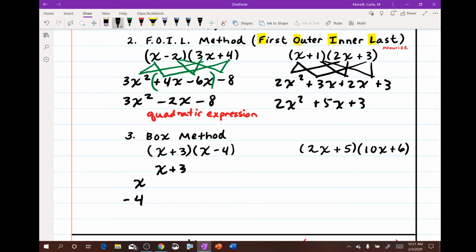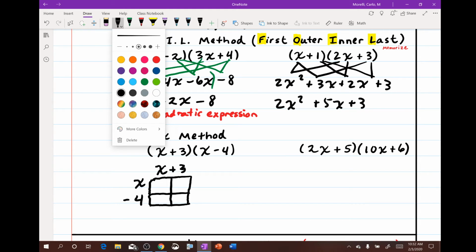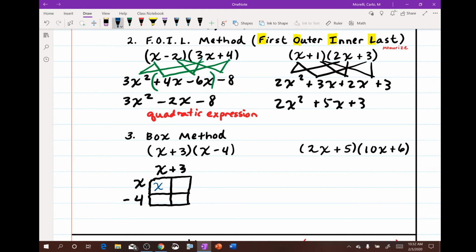If you've ever done a Punnett square in biology, Gregor Mendel, it's the same thing. X times x is, get some confidence. What is it? X squared.